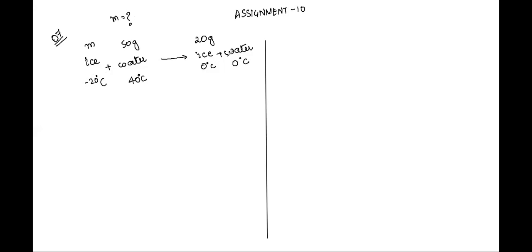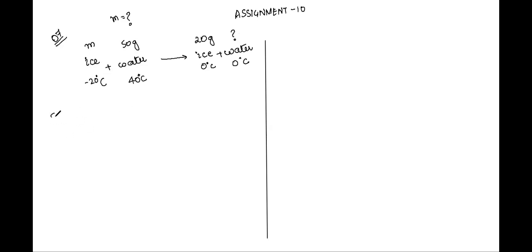So, class, what is the question trying to tell us? Right here, we can understand something very beautiful. Let's do a simple mass balance first. Initially, let's say ice was m grams, and water was 50 grams, as given. What will be the water left finally? Let us conserve the mass.